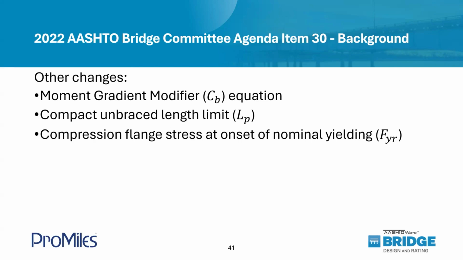And then the compression flange stress at onset of nominal yielding, FYR, also changed. There, the coefficient used to often be taken as 0.7 times FYC. Now, in many cases, it is 0.5 FYC. So there's a little bit of a reduction in FYR.